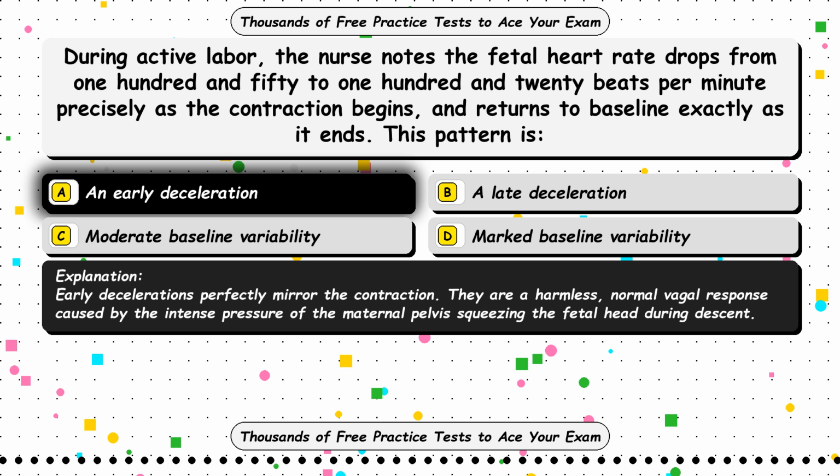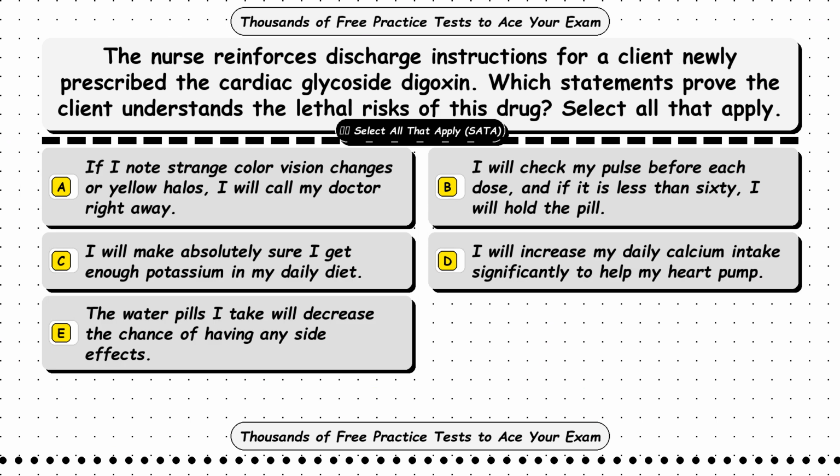Question 135. The nurse reinforces discharge instructions for a client newly prescribed the cardiac glycoside digoxin. Which statements prove the client understands the lethal risks of this drug? Select all that apply. Option A, if I note strange color vision changes or yellow halos, I will call my doctor right away.